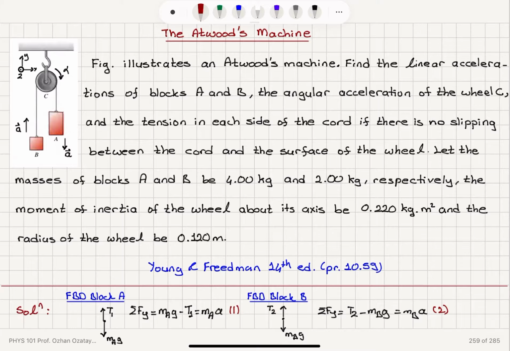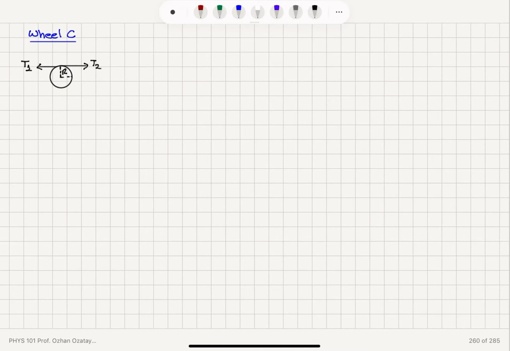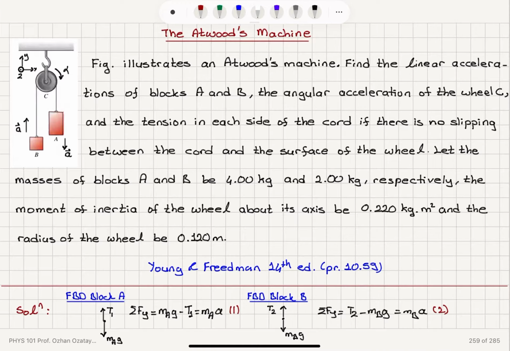Okay, now let's concentrate on this wheel. I said that on block A, this T1 is pointing up, therefore it's pointing down on the wheel C, and T2 is pointing up on block B, therefore it's pointing down on the wheel.